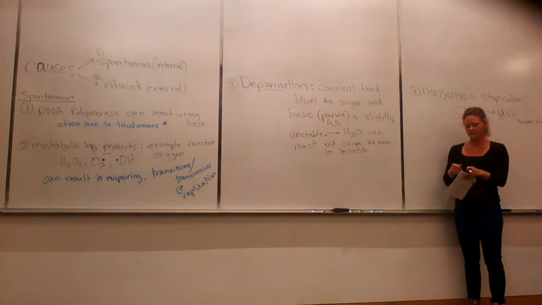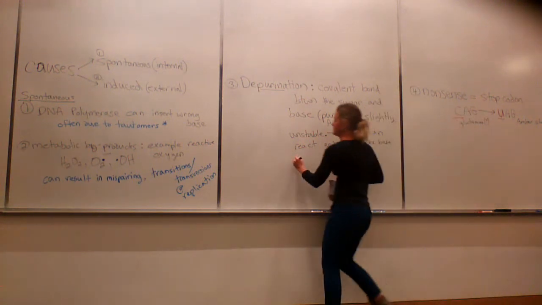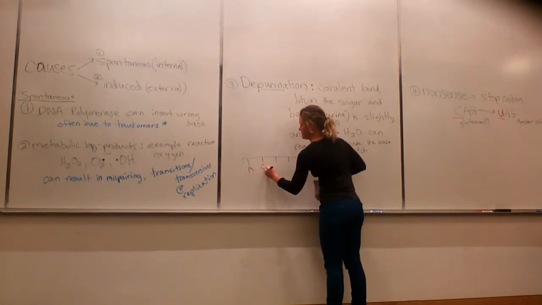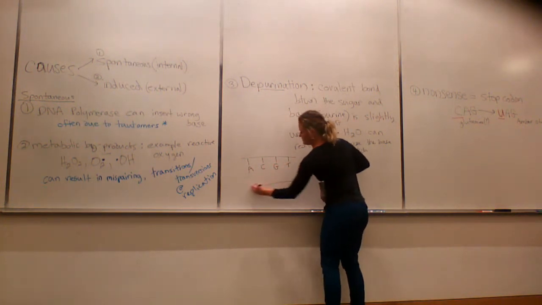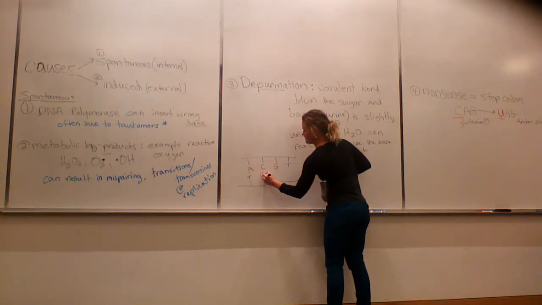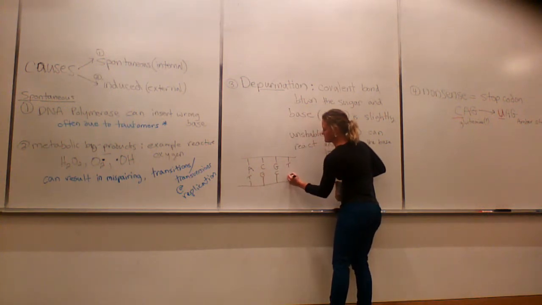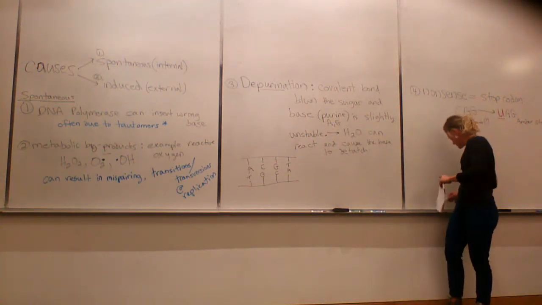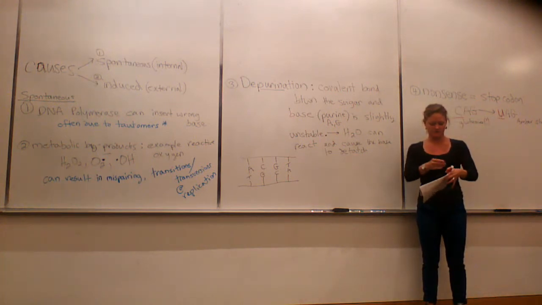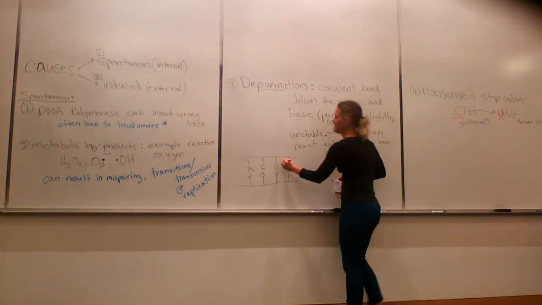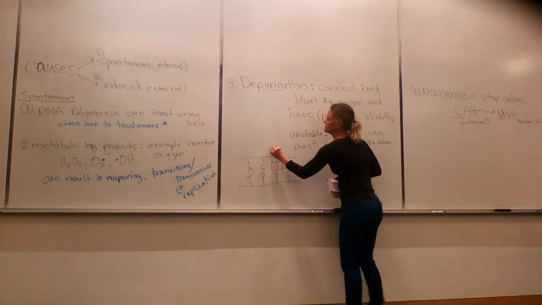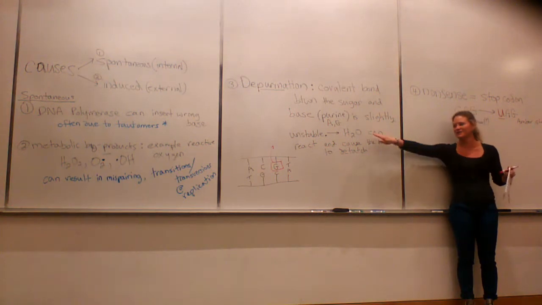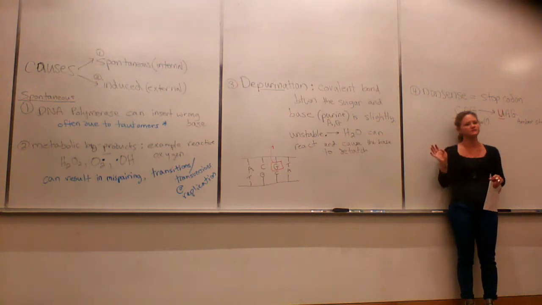And again, the cell can repair this. So here's your double helix going along. I feel like I have to use red when I'm doing mutations, I don't know why. So if we took a purine and it gets depurinated, through chemical processes you guys don't need to know, big black box, H2O can come in and react with it, release it from the sugar.